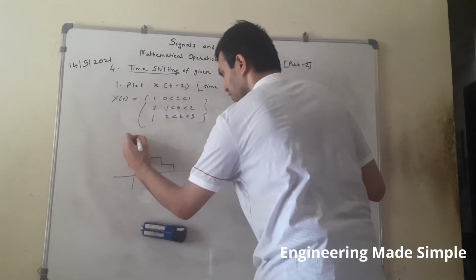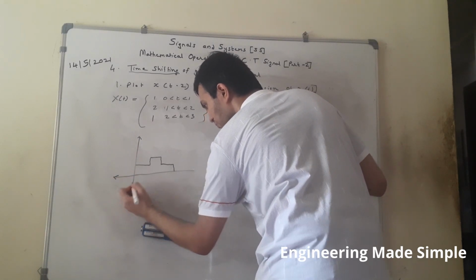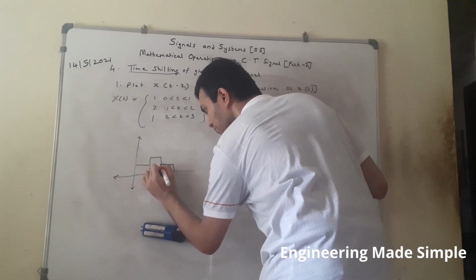This is our signal x of t. Now we want to find its time delayed version, which is x of t minus 2.